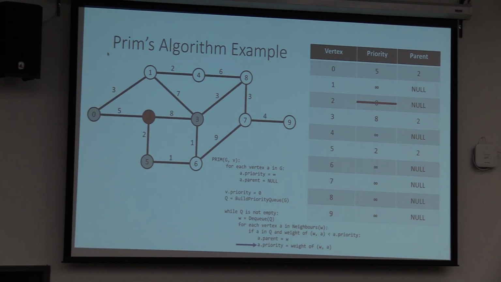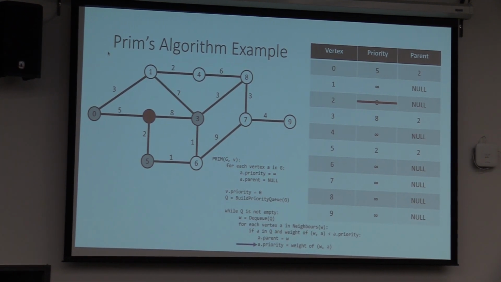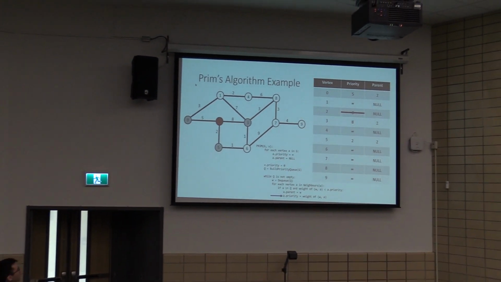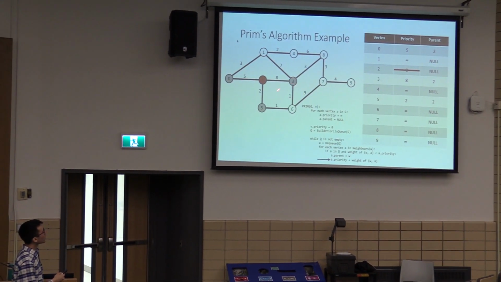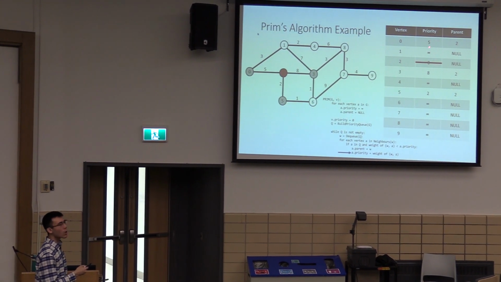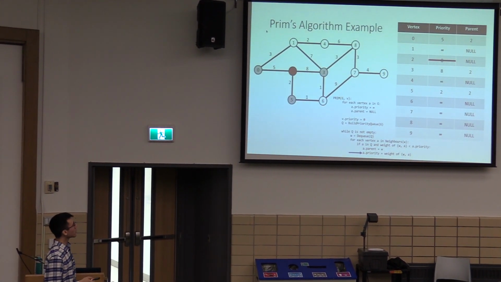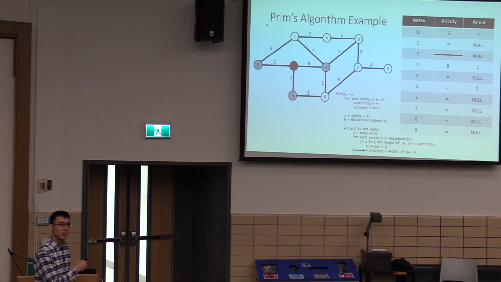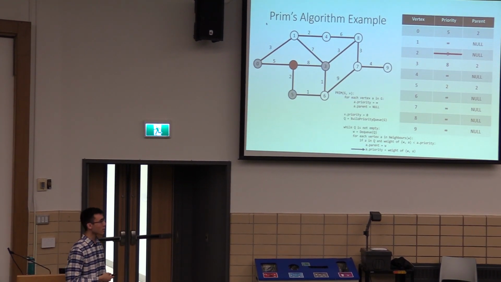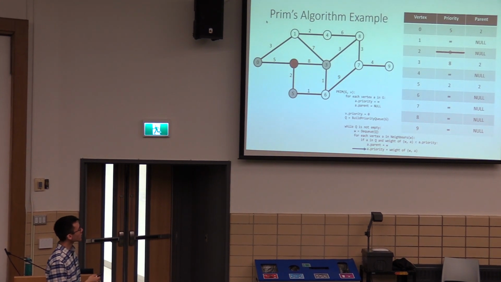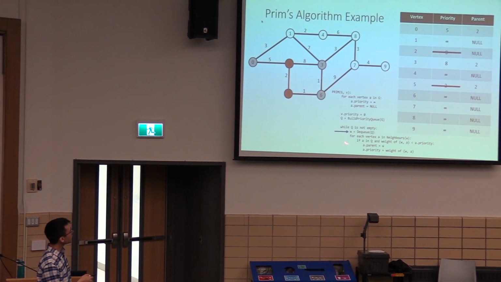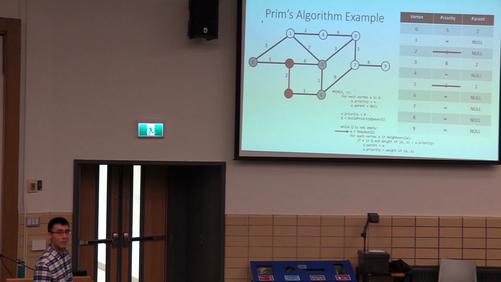So now the next step, because this is a greedy algorithm, Prim's algorithm is greedy, I am now going to expand the next smallest priority. This is where it's very, very similar to Dijkstra's algorithm. In this priority queue, I'm going to dequeue or extract min in a min heap.